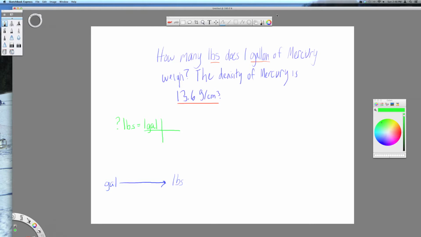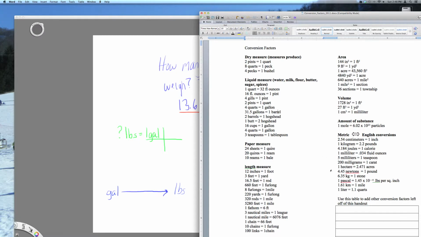So when I look at the conversion factors, there's one connection that allows me to get from English to metric units. Another thing that I have to consider is once I get to metric, how am I going to get back to English? Eventually trying to get to pounds.